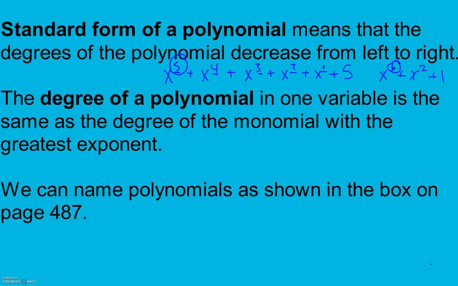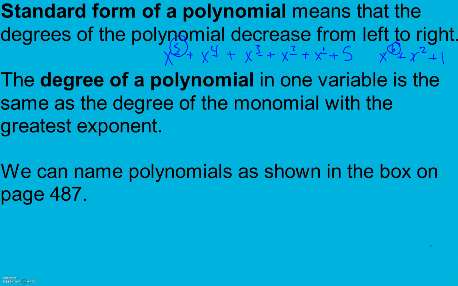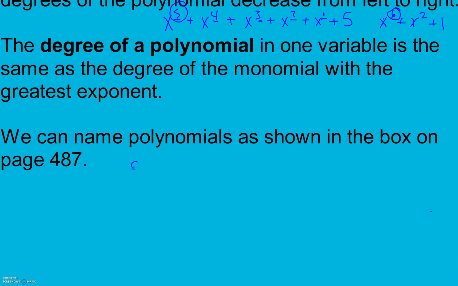We can name polynomials as shown in the box on page 487. So here we're going to name polynomials by degree and by number of terms. So degree for a constant is 0. Those are things like 5. I think the book has 6.